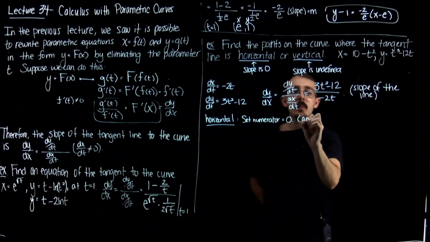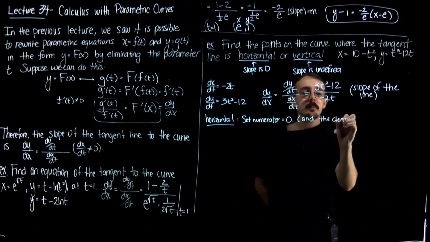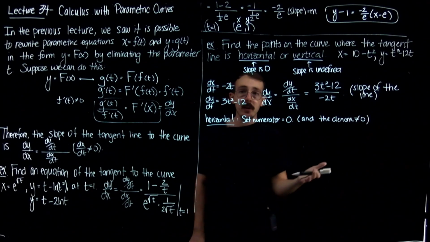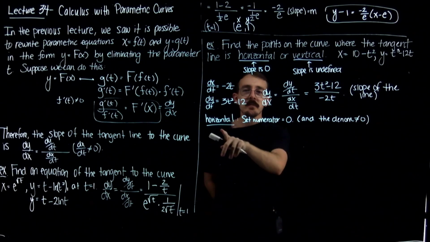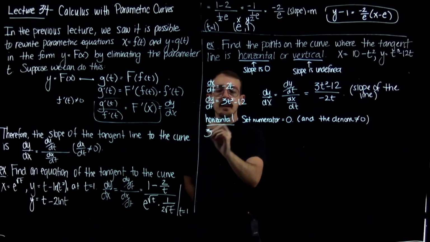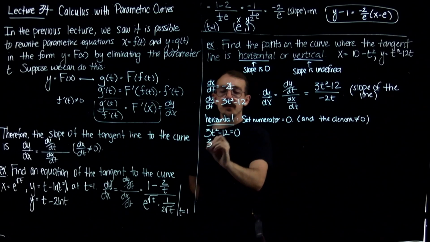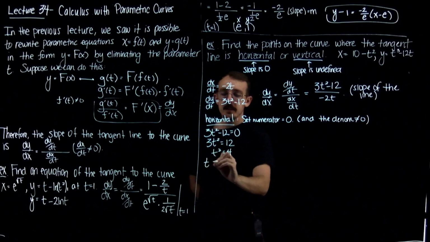And I should also warn you, the denominator cannot be 0. So we'll set the numerator equal to 0 in order to find where the tangent lines are horizontal. Here's our numerator. It's 3t squared minus 12 equals 0. So 3t squared is 12, or t squared is 4. So there's two possibilities.